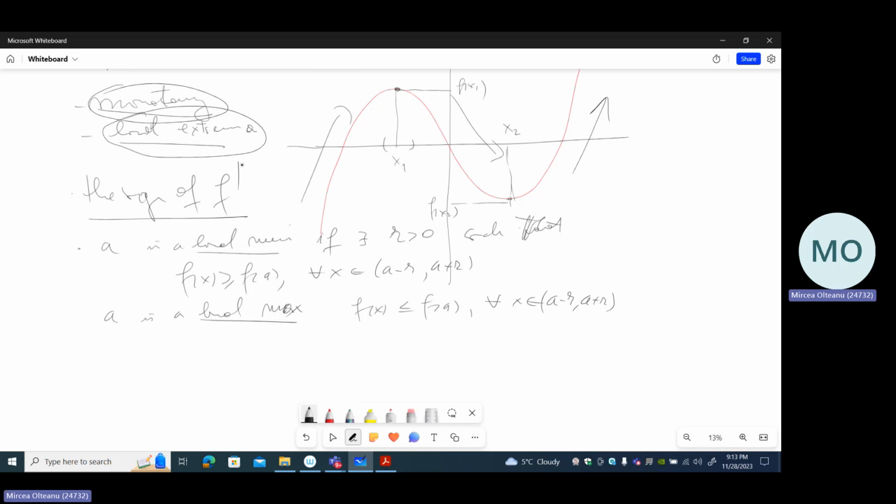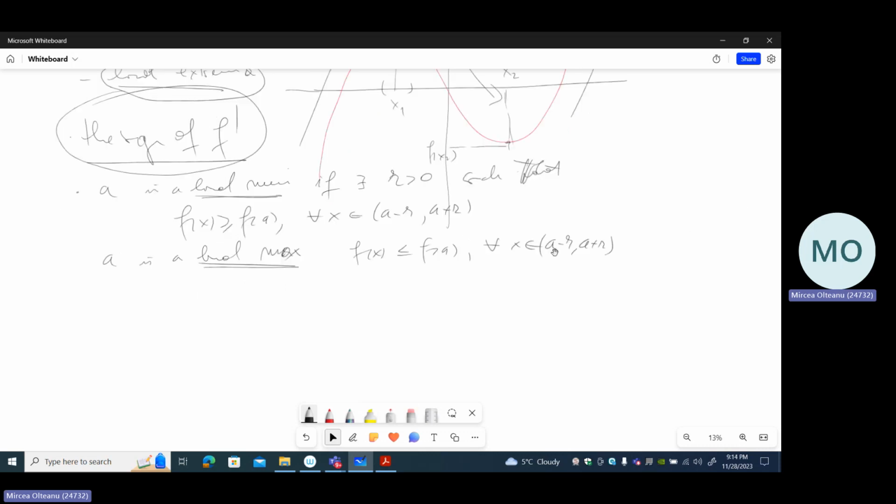So the monotony is given by the sign of f prime, and of course the local extrema will be given by the points where the derivative changes sign. This could happen at points where the derivative is 0, or at points where the derivative doesn't exist, so f has no derivative there.